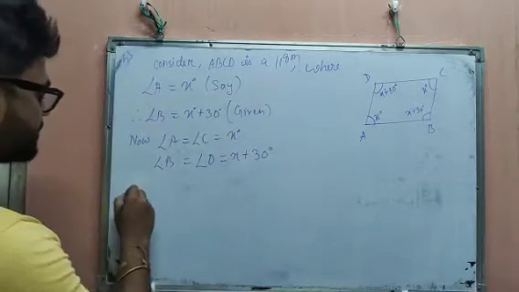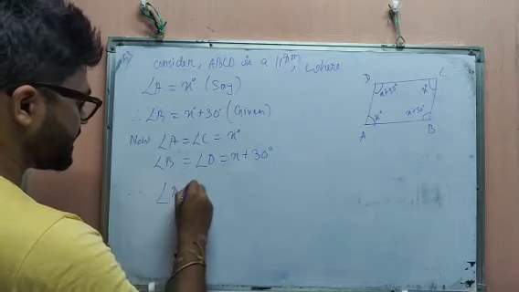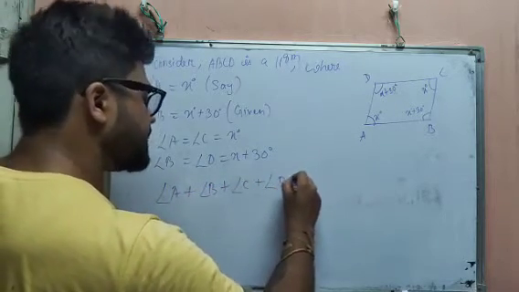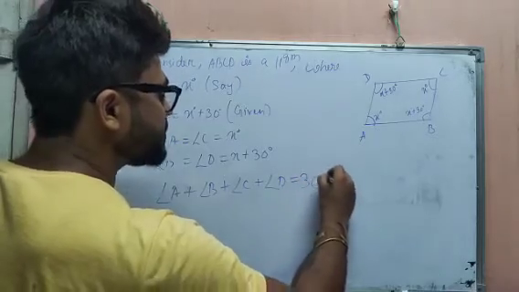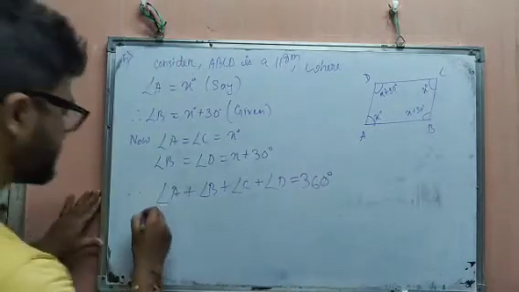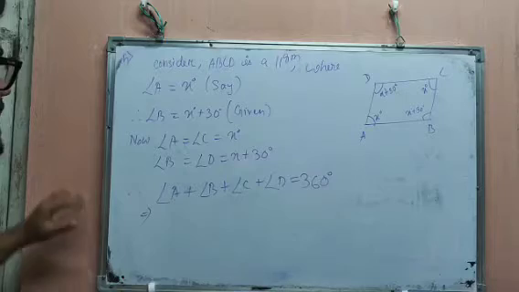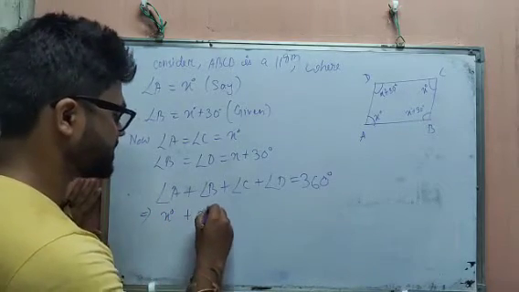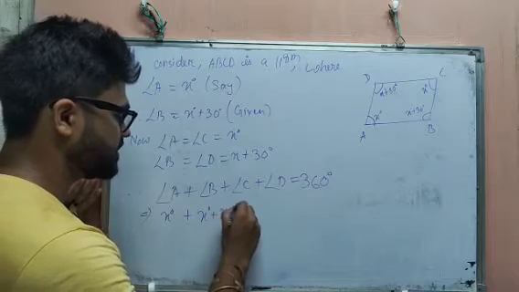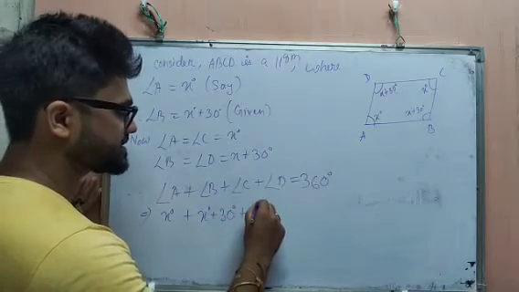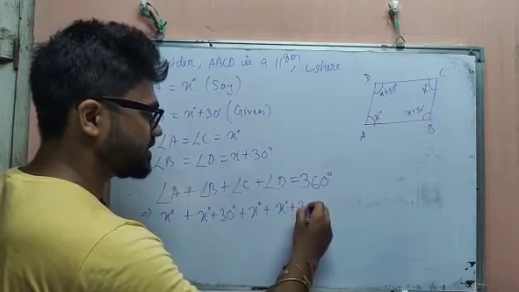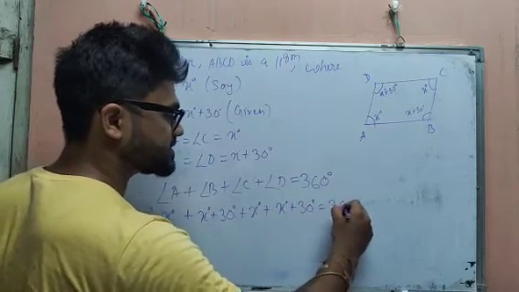Okay, therefore angle A plus angle B plus angle C plus angle D equal to 360 degree. This is the property. Then you can write, in place of A you can write x degree, in place of B you can write x degree plus 30 degree, in place of C also you can write x degree, in place of D you can also write x degree plus 30 degree equal to 360 degree.